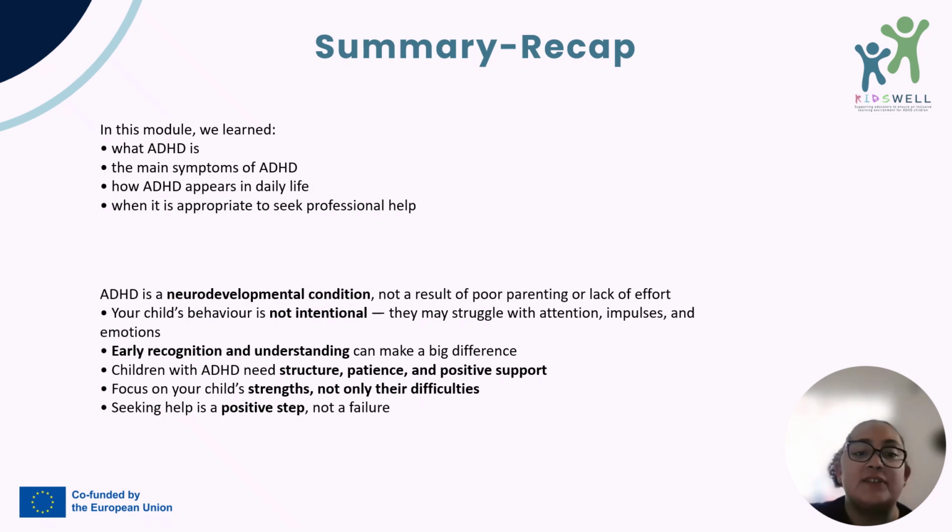Your child's behavior is not intentional. They may struggle with attention, impulses, and emotions. Early recognition and understanding can make a big difference. Children with ADHD need structure, patience, and positive support. Focus on your child's strengths, not only their difficulties. Seeking help is a positive step, not a failure.